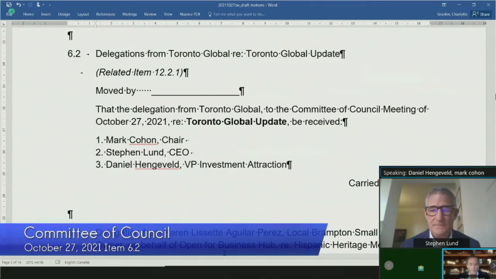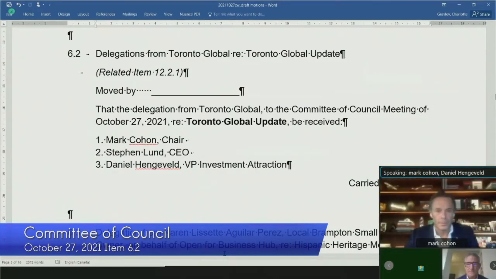Perfect. Well, thank you again, Council, for the opportunity to address you this morning. I do want to make it clear, picking up on what Stephen and Mark said, the Brampton value proposition that we weave into the narrative value proposition that we tell companies every day does get told in the boardrooms and in the conversations we have with prospective investors.